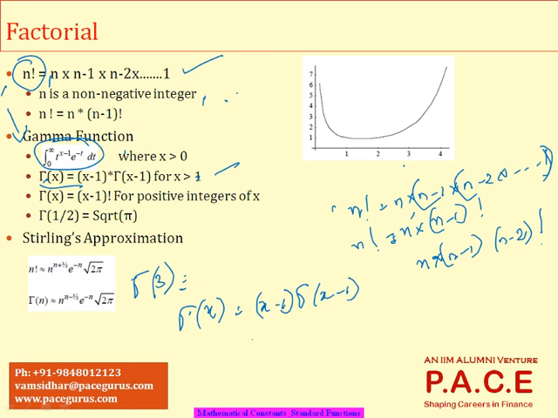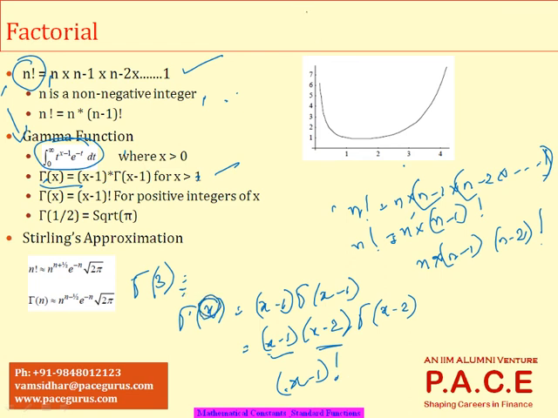Applying the same formula again, x minus 2 gamma x minus 2. What you are seeing here is x minus 1 into x minus 2 into x minus 3, and that is how it goes. So it actually goes like x minus 1 factorial itself, if x is a natural number.